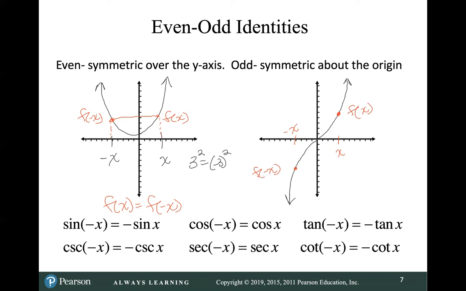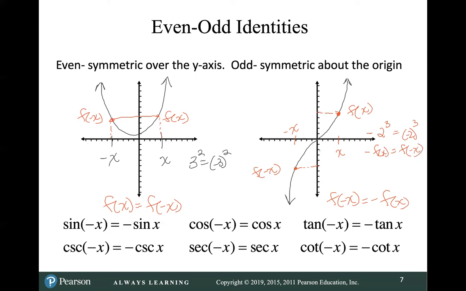So f of negative x is the opposite of f of x. So this would be something like 2 cubed is not equal to negative 2 cubed. It has to be negative 2 cubed to equal negative 2 cubed. So negative f of x equals f of negative x.